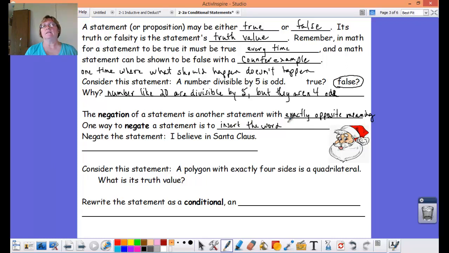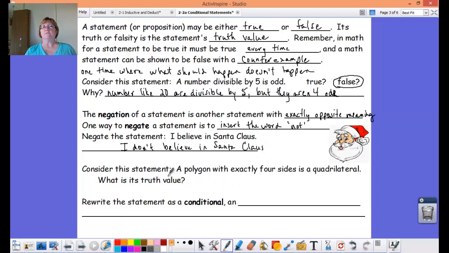And I'd like to illustrate that with this one. Suppose somebody says, I believe in Santa Claus. To negate that, exactly the opposite meaning, I do not believe in Santa Claus. Right? Or I don't believe in Santa Claus. Negation is a statement with exactly the opposite meaning.